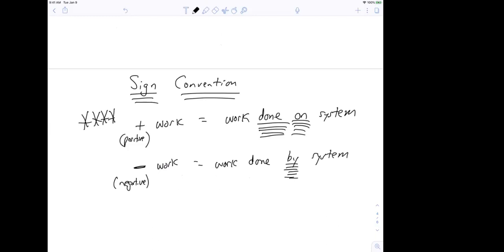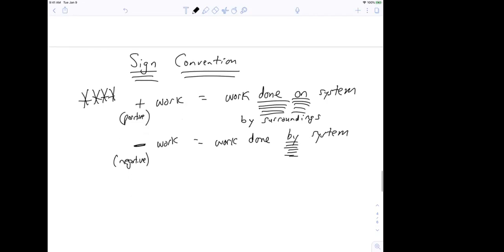Okay? And let me qualify this a little bit further. Positive work is work done on the system by surroundings. And that makes sense because that external pressure is the surroundings. It's coming somewhere from the surroundings. So the surroundings did work on our system. Likewise, negative work is work done by the system on the surroundings. I think for you all it's going to be rather simplistic.